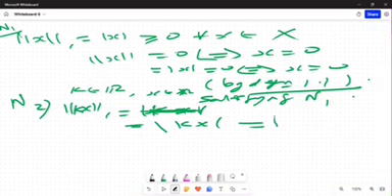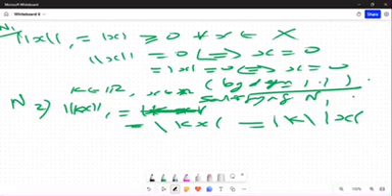It makes a scalar positive, and what denotes that positivity is the modulus of k. So the absolute value of kx is equal to the absolute value of k times the absolute value of x.